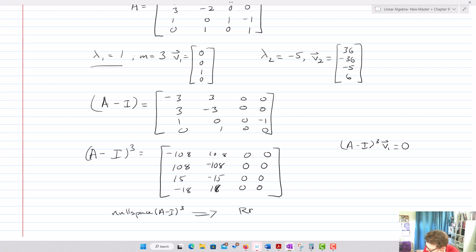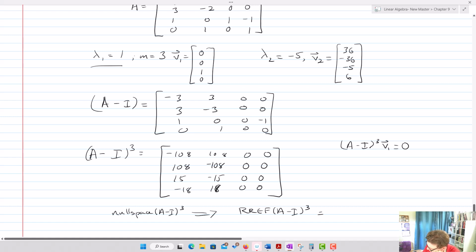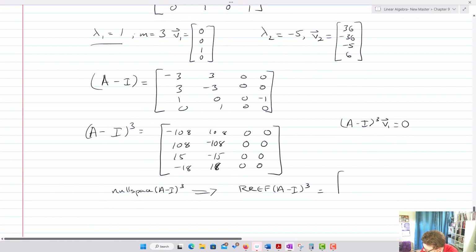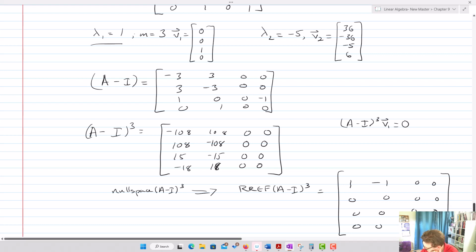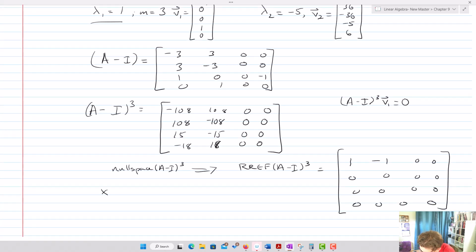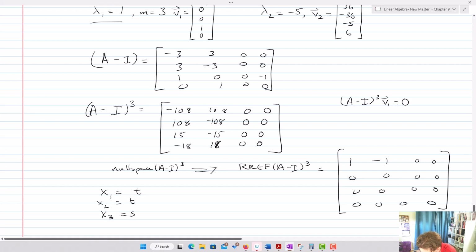So the RREF of A minus I cubed is going to end up equaling 1, negative 1, 0, 0, and then all zeros. So we'll have x1 equals t, x2 equals t, x3 will equal s, and x4 will equal u.